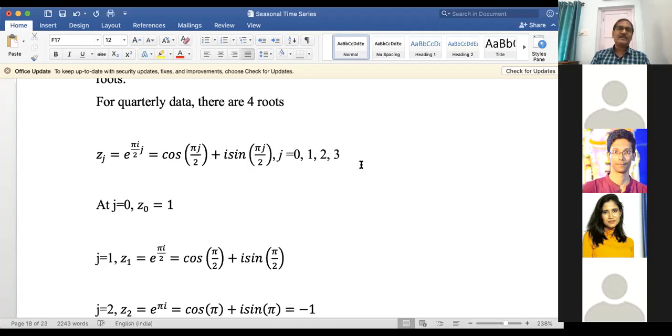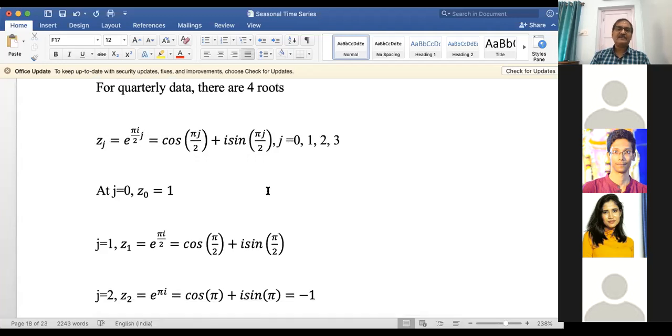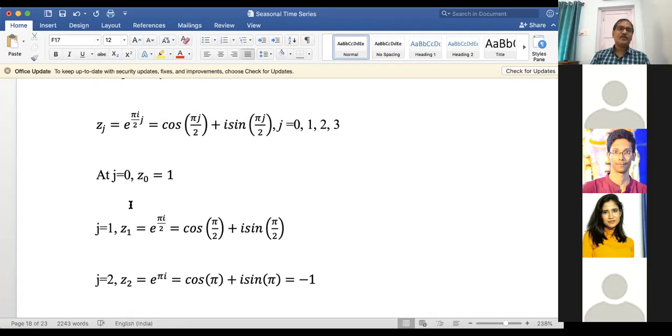So now let me concentrate on quarterly data. For quarterly data, the value of the characteristic roots zj is equal to this. Now set the values of j one by one, j equal to 0 first. Put the value of j equal to 0. So what will be the root? Z0 is equal to, what will be the value of it? Equal to 1.